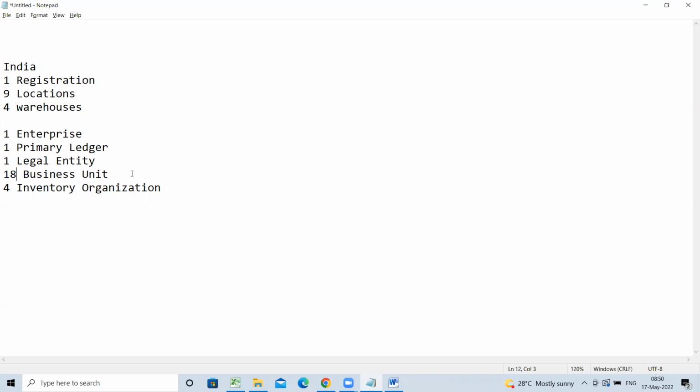Lakshmana, in this case, how will this chart of accounts structure be like, with company, department, account, and all we are maintaining, right? What is your question?